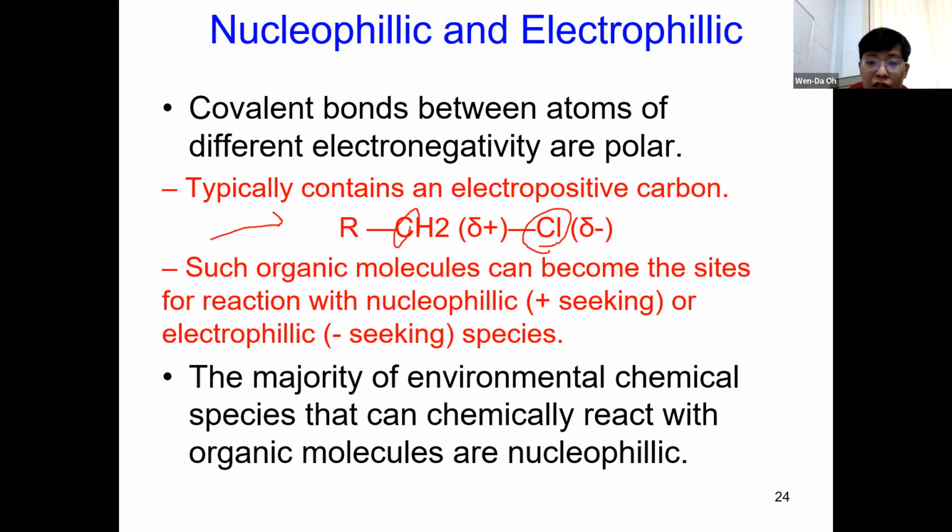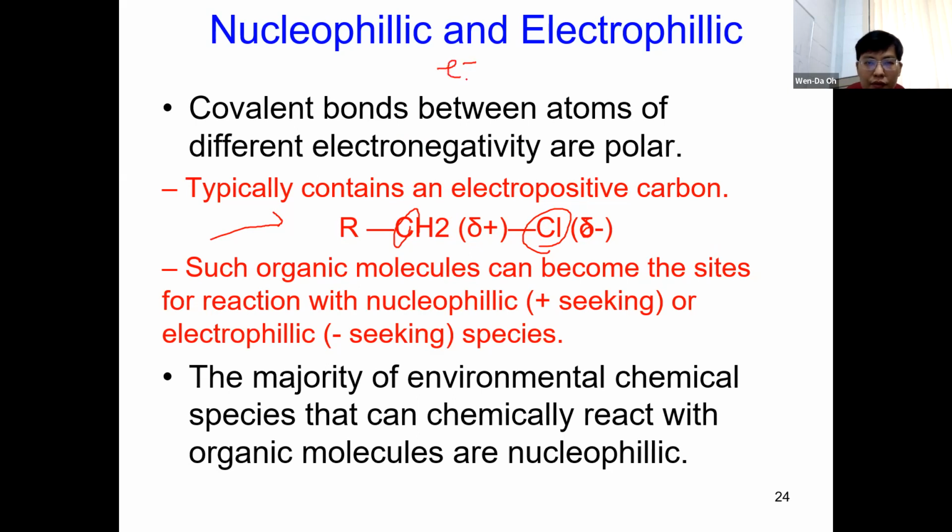Because of the high electronegativity of the chlorine, it can pull electrons to itself. It is a partially negative charge, whereas the carbon, having its electrons pulled by the chlorine, will become partially positive.